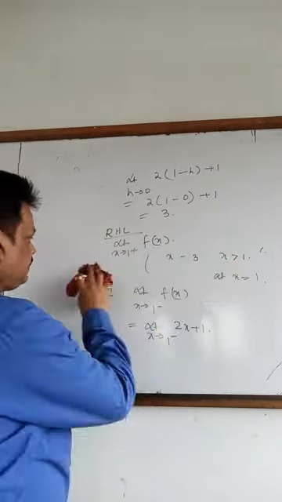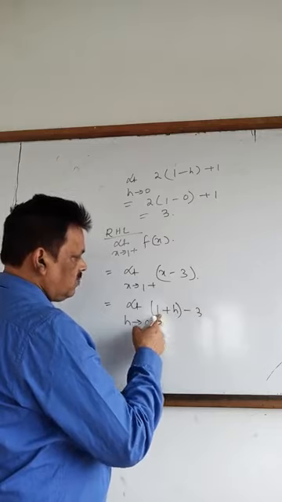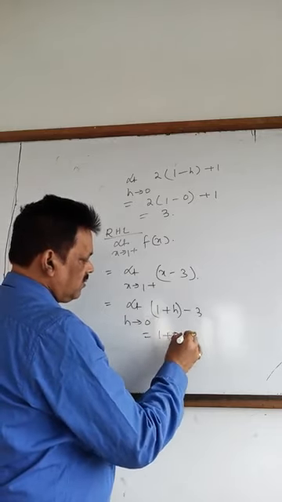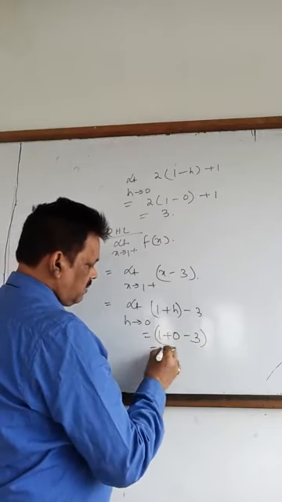What is the answer here? Now limit h tends to 0 of (1 plus h) minus 3. That means you are getting 1 plus 0 minus 3, which is minus 2.